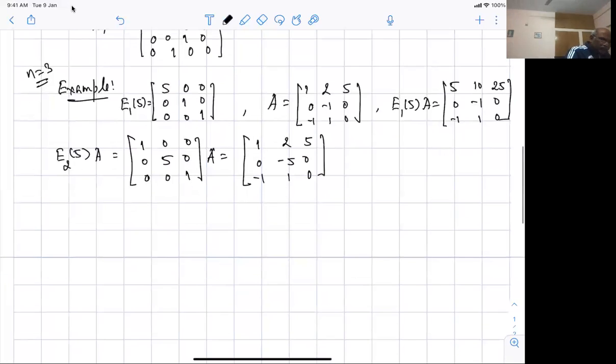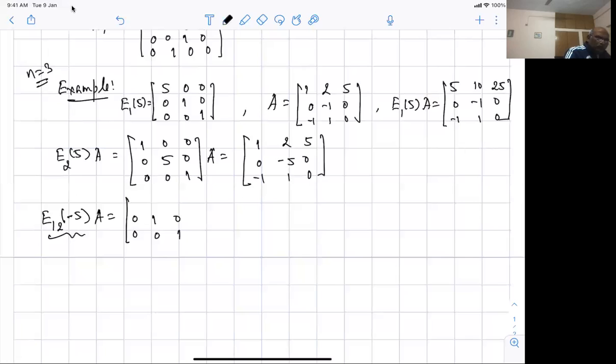Fine. Similarly, let's compute E12 of minus 5. So E12 times A, so let me write times A here. So E12 of minus 5 that I'm looking at: there's no change in the second row, there's no change in the third row.